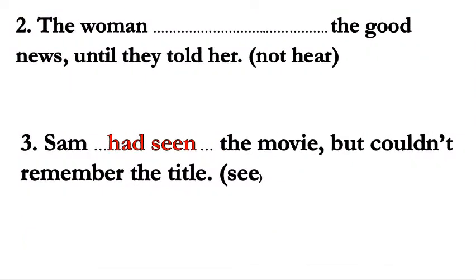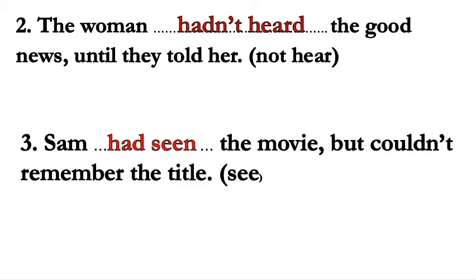Number 2. The woman, not hear, the good news until they told her. We should put the verb not hear in the past perfect form. Yes, the woman hadn't heard the good news until they told her.